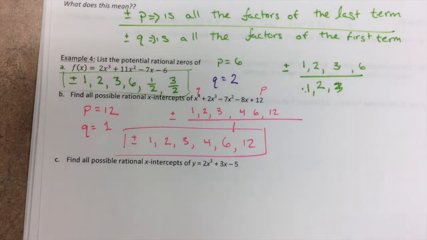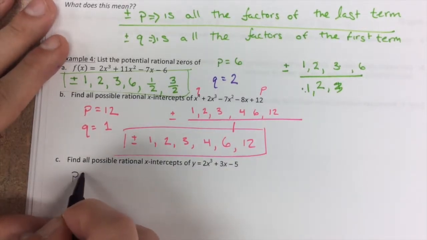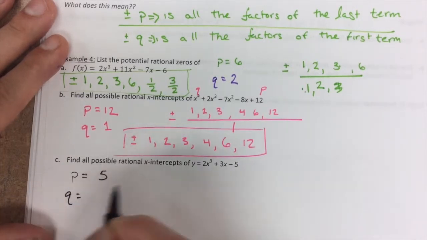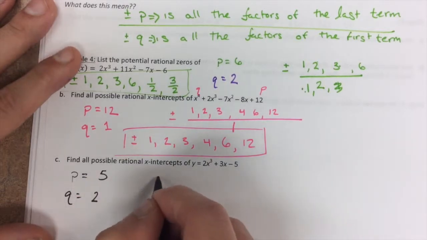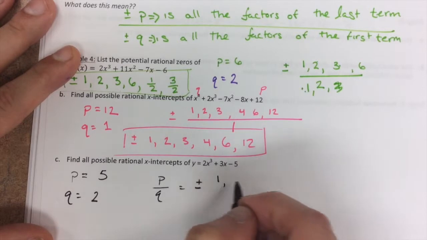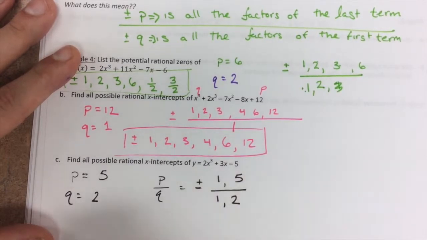So C, find all of the potential x-intercepts. So I want to know what's my P, which is 5, what's my Q, which is 2. So my P's over Q's is plus or minus 1 and 5, over 1 and 2.